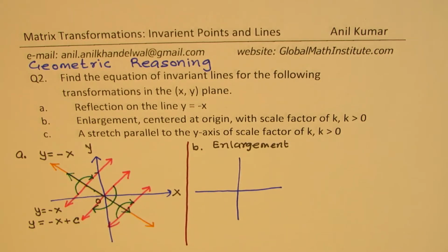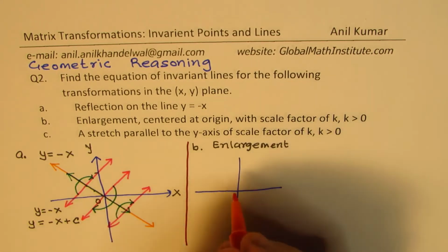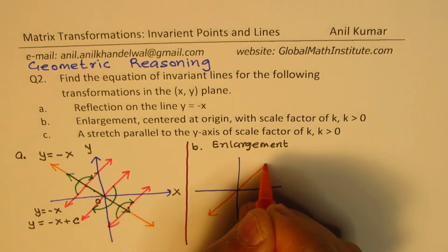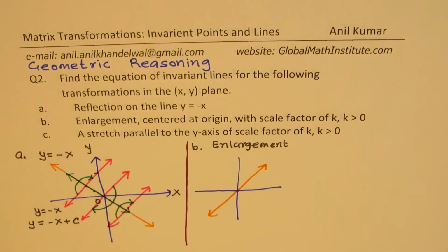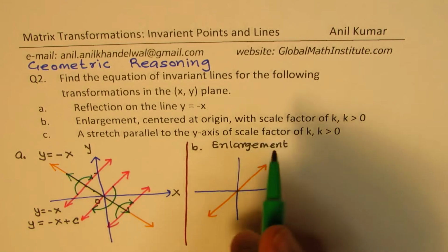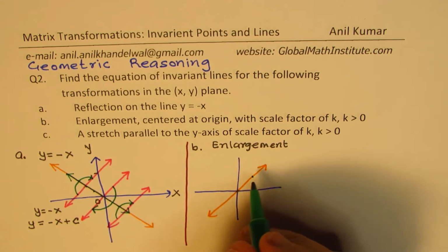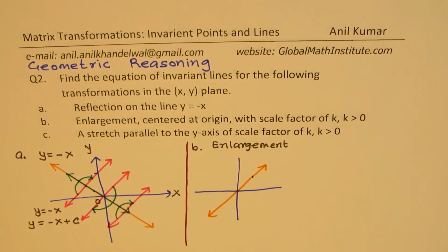Any line which is going through the origin, right? Let's consider a line going through the origin. If I multiply a point on this line, it gets onto itself, right? Because the equation of this line is y equals mx, right?